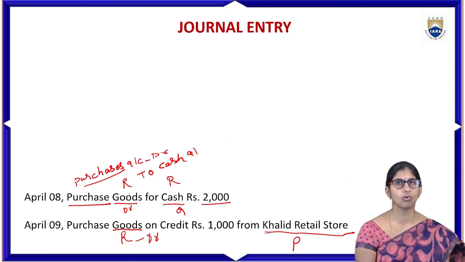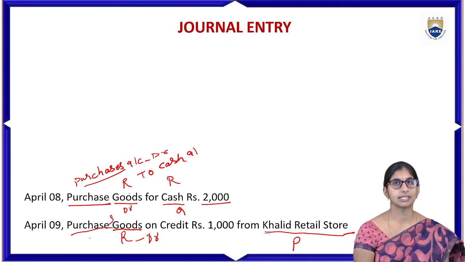But instead of goods, what we are going to write? We are going to write it as purchases, because this is a purchase transaction, we are going to write it as purchases account. So we are going to debit purchases. And now coming to Khalid retail store, it is a personal account item.